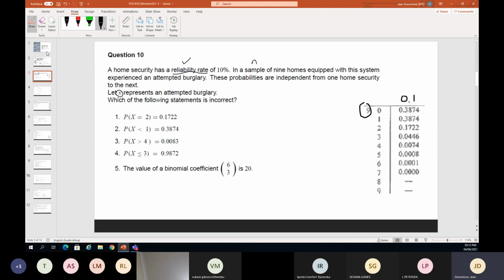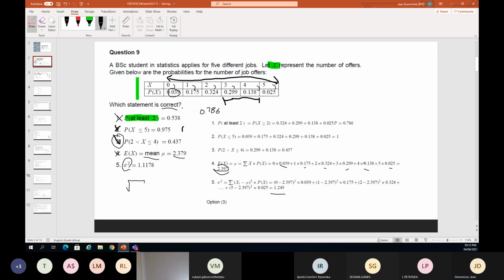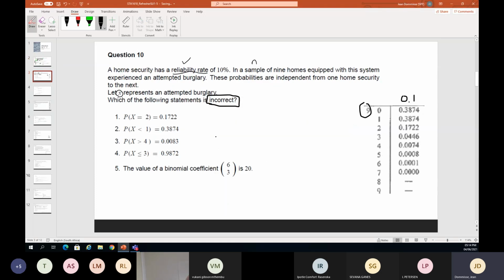Here again they ask which of the following statements is incorrect. The previous question was about the correct one, so again, see how easy it is to make a mistake. Let's quickly see.